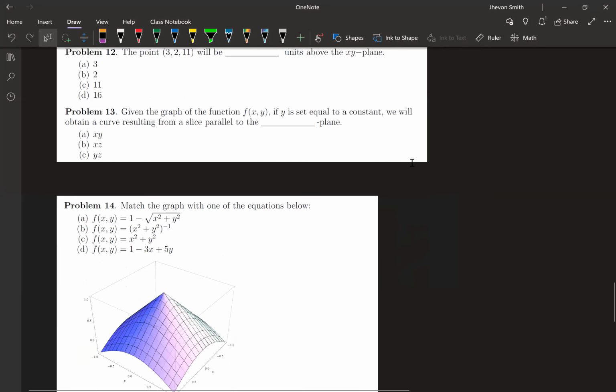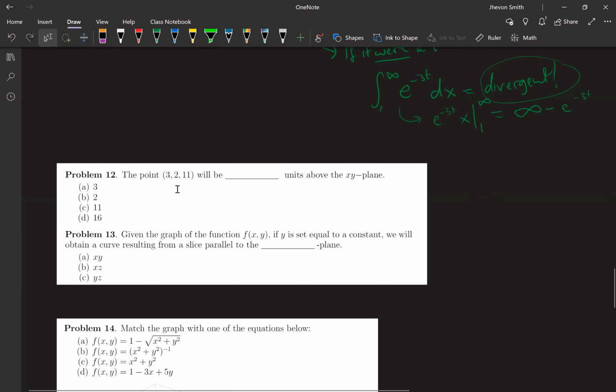What about this? This point, how many units above the XY plane? It's 11, just the Z coordinate. The graph of this function is set equal to a constant. So we have some function, Z equals f of x, y.